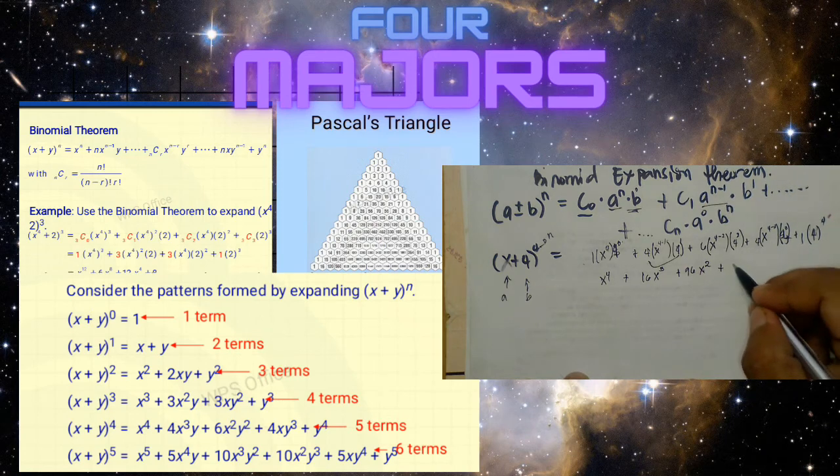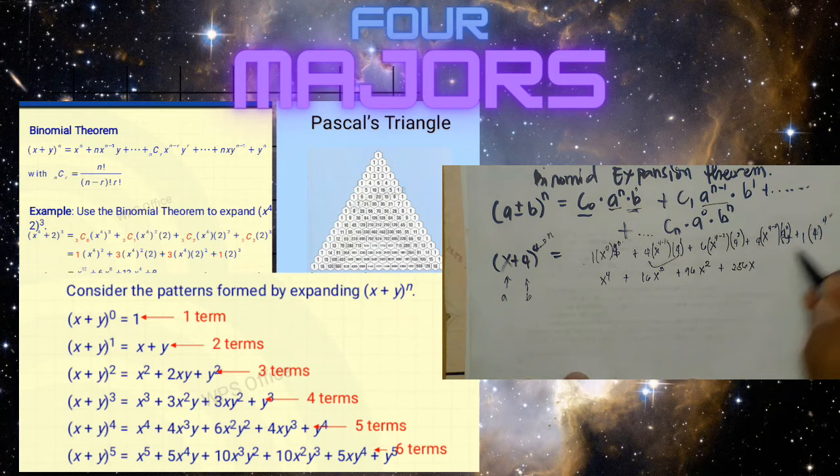That is 256x. Alright. And then plus, actually this is x to the 0. So that is 1 times 4 to the 4 is 256.